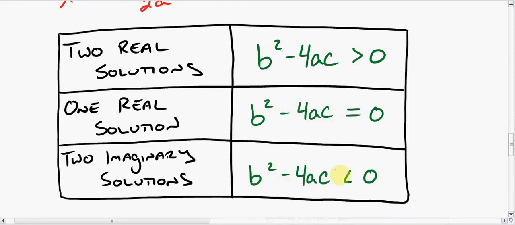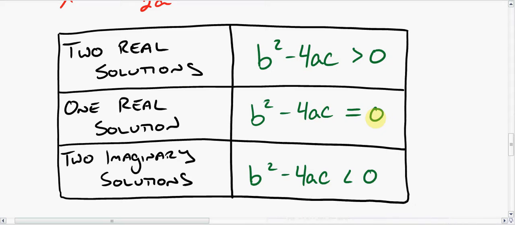The little chart tells us that you'll have two real solutions when the discriminant is greater than 0. You're going to have some positive number underneath the square root, then you will have two real solutions, always. You're going to have one real solution when your discriminant is equal to 0, because the square root of 0 is simply 0.